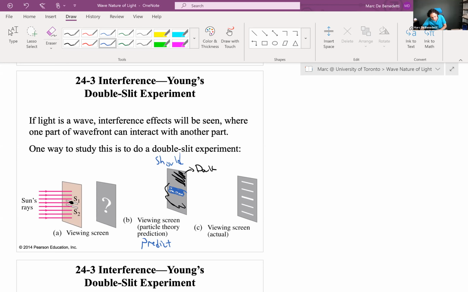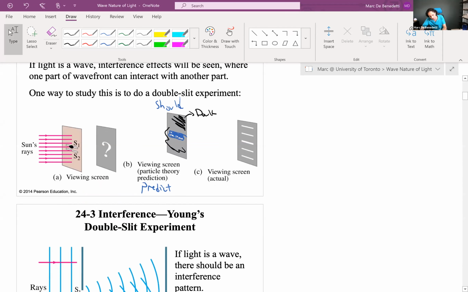So in reality, what they saw was many striped lines, it's a bit of an exaggeration, but yeah, bright, dark, bright, dark, bright, dark, and then everyone was just puzzled. They're like, what? We only have 2 slits here. How is this even possible?